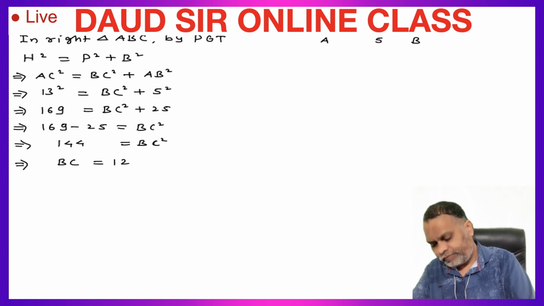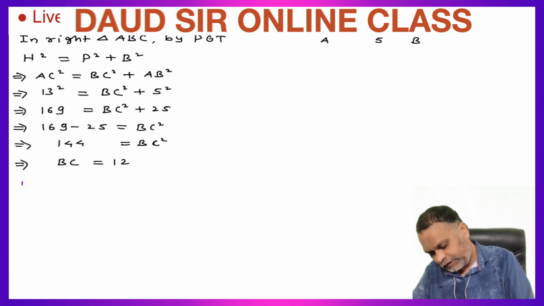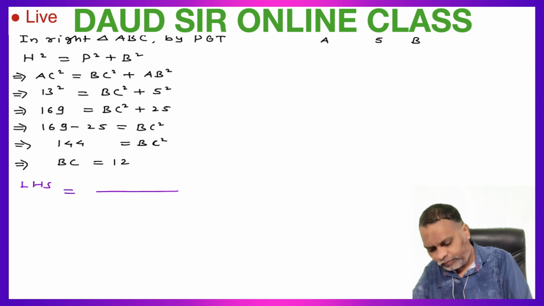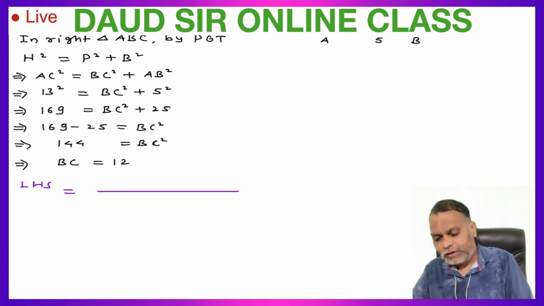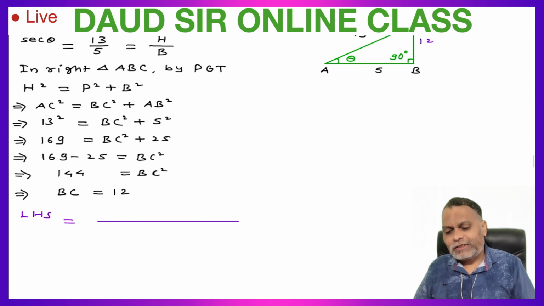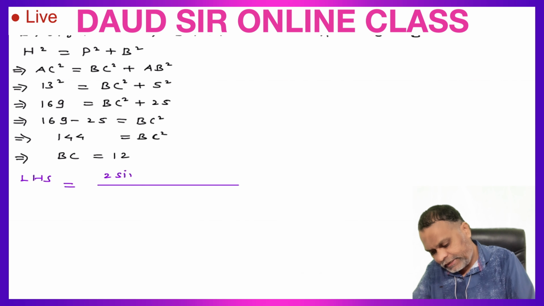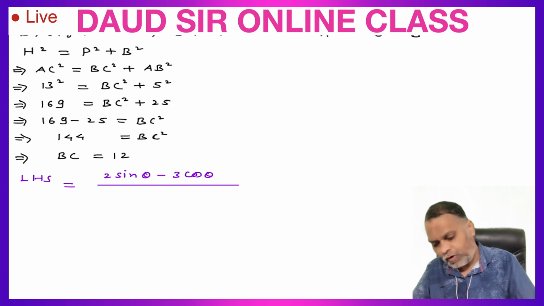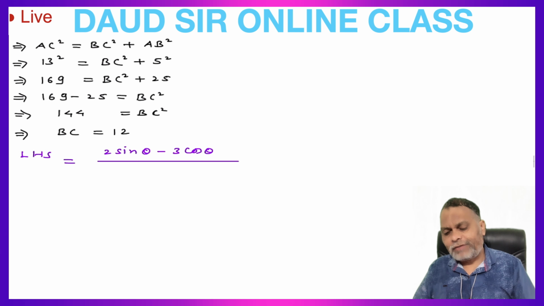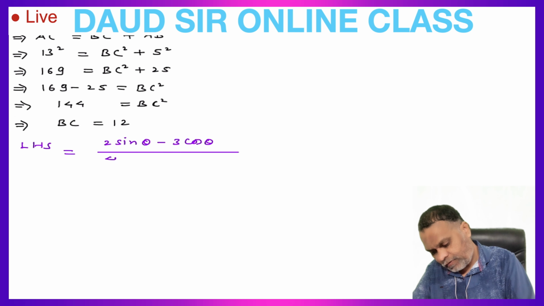Taking LHS, taking left hand side, 2 sin theta minus 3 cos theta upon 4 sin theta minus 9 cos theta.